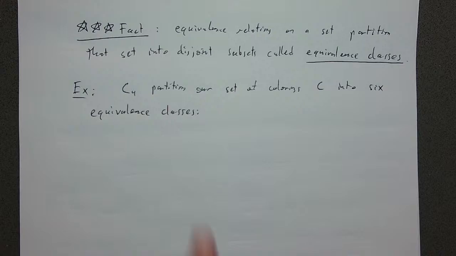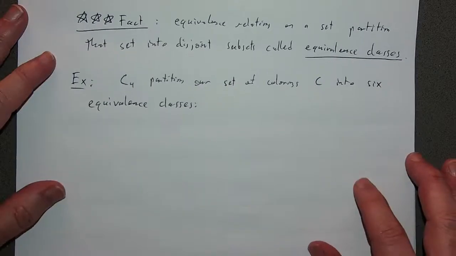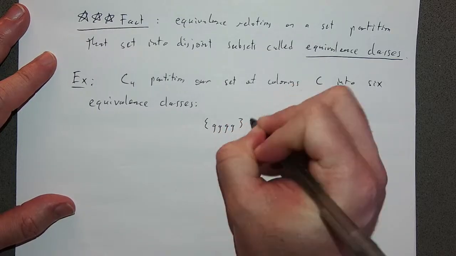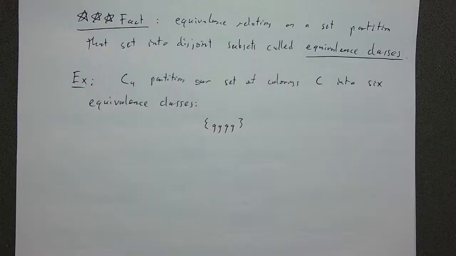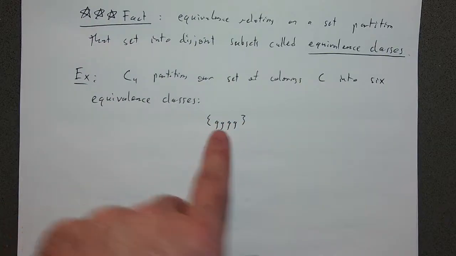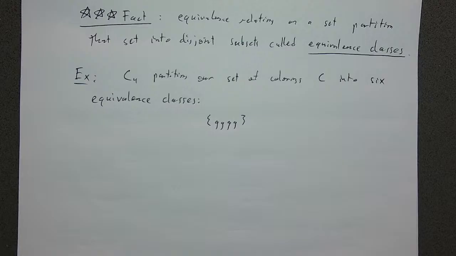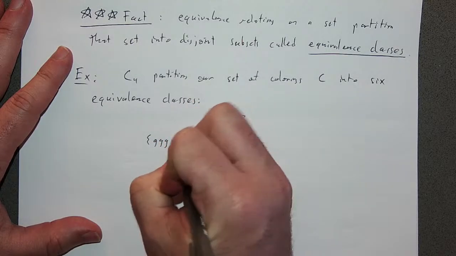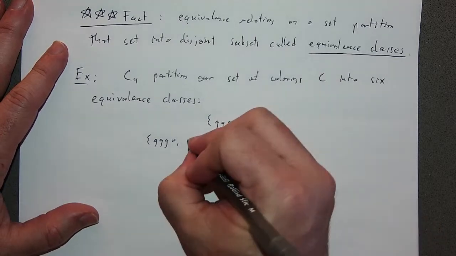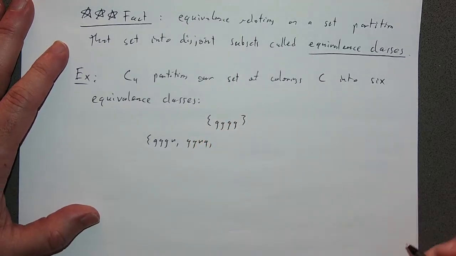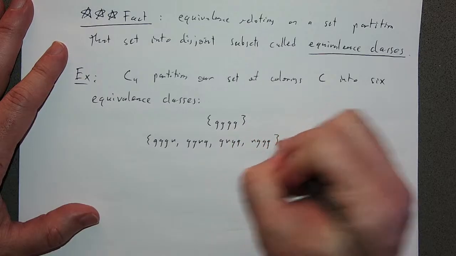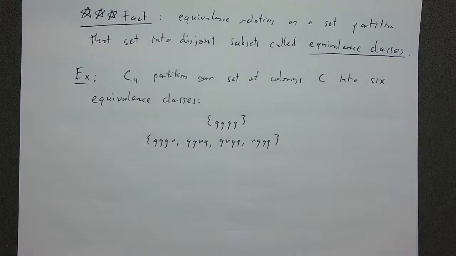So how does this get partitioned into 6 equivalence classes? There's the coloring that's all greens. No matter what I rotate that to, it's always going to be just that, right? It's never going to be anything else. Then there's the things having 3 greens. So green, green, green, red; green, green, red, green; green, red, green, green; and red, green, green, green. All of those are in the same equivalence class.